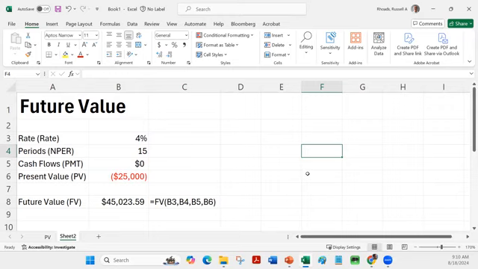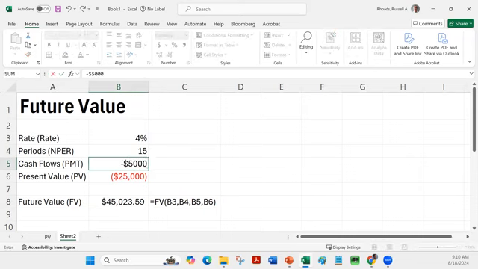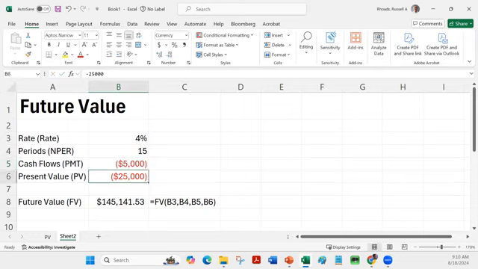If we open up the account with $25,000 and then at the end of each year, we decide we're going to deposit $5,000 each year, at the end of 15 years, we're going to have a total of $145,141.53.